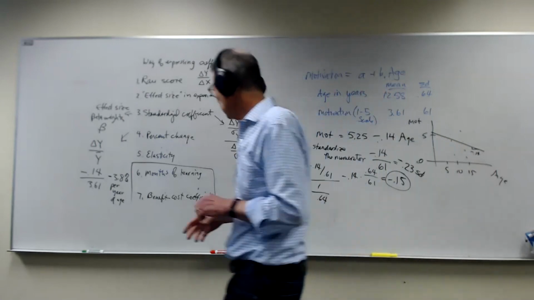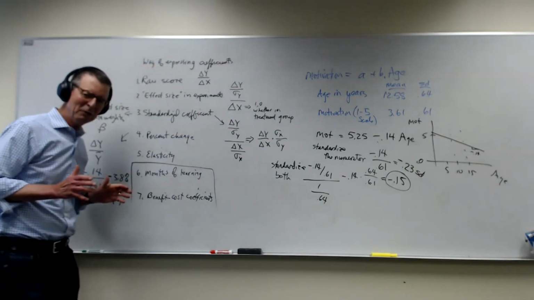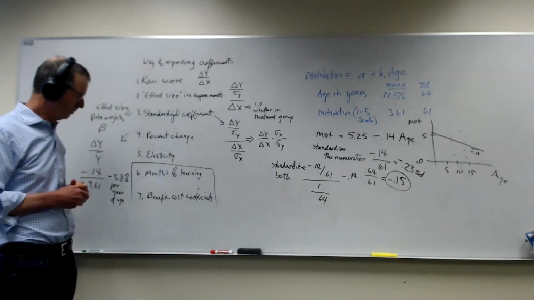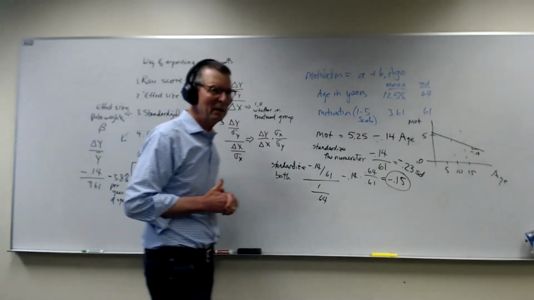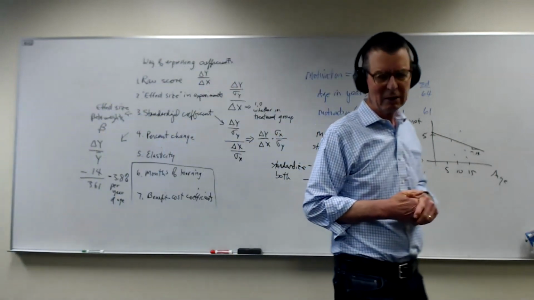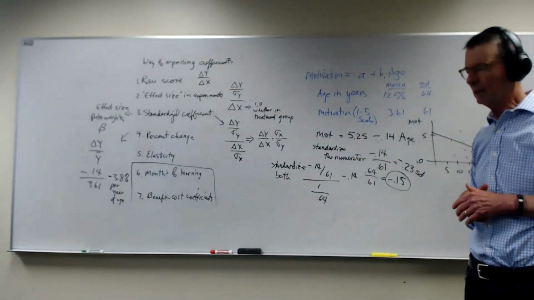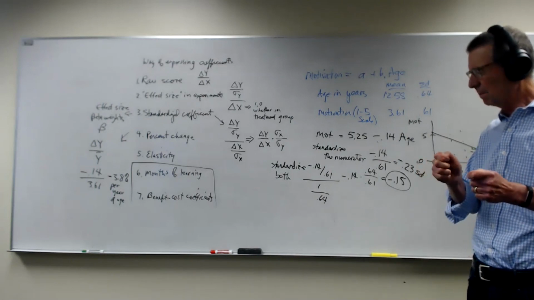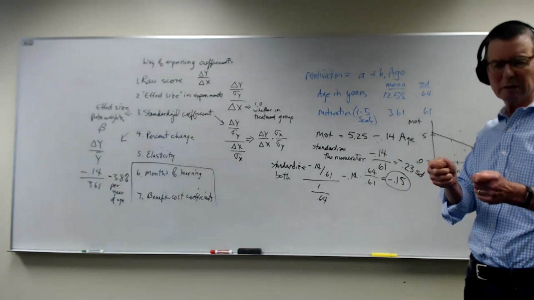The final rather exotic but very nice way of expressing coefficients is an idea that Artie Goldberger had many years ago. Economists like to think about bang for the buck. To what extent does spending money on different kinds of inputs matter?